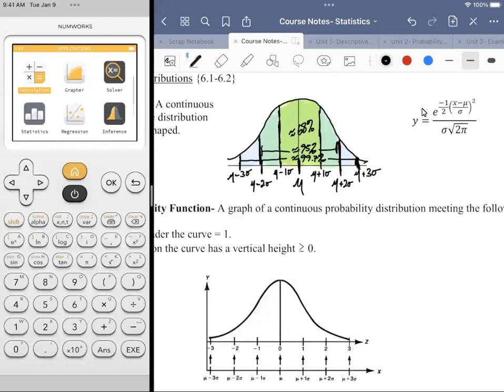All right. So if we know that about 68% of the data exists within one standard deviation of the mean, about 95% within two standard deviations of the mean, and about 99.7% within three standard deviations of the mean, then we could say that a distribution is normal. But if we want to go the other way and say, okay, we know that a distribution is normal, what percent of the data would be between one standard deviation below the mean and three standard deviations above the mean?